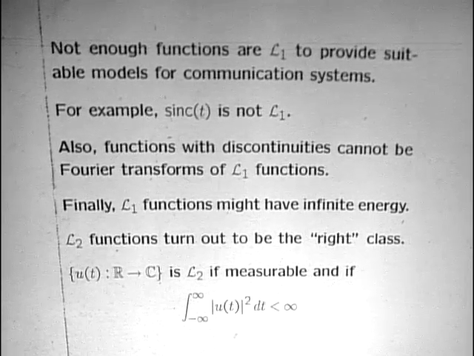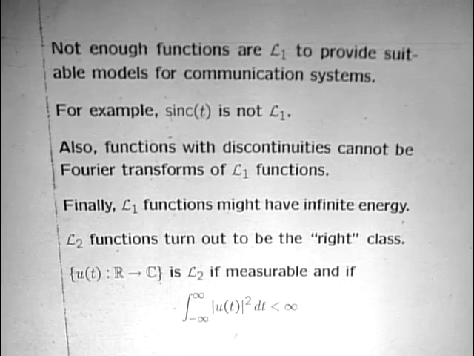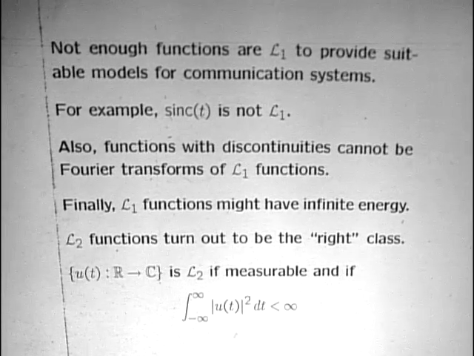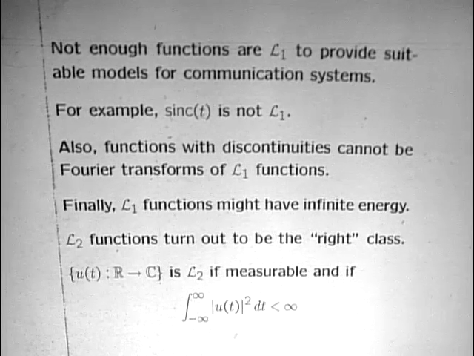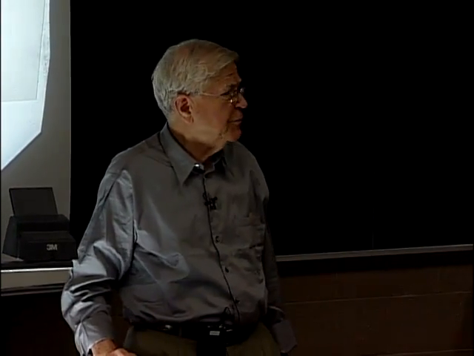One of the frequency functions we want to look at a great deal is a frequency function corresponding to a band-limited function. When you take a band-limited function, you just chop it off at some frequency, and usually when you chop it off you get a discontinuity. And when you do, bingo, the time function you're dealing with cannot be L1.